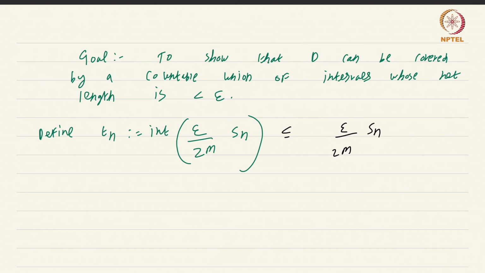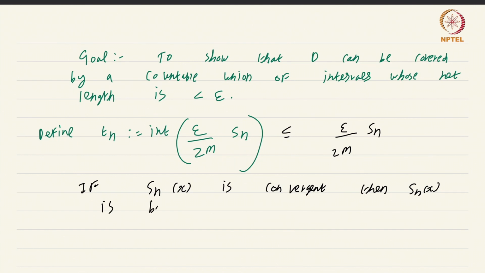And notice that if Sn of x is convergent, then Sn of x is bounded above because it's an increasing sequence. Then Tn of x is bounded above and therefore convergent.